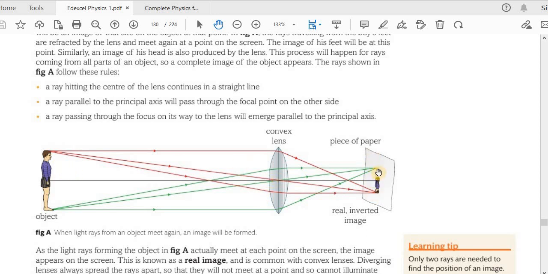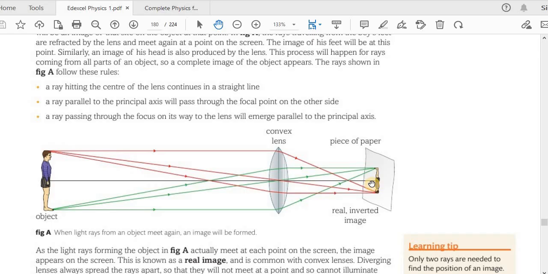You can form a real image of this person, if we call the person an object, then this image is a real image. It's not a virtual image, because if it's a real image, you can project it onto a screen or a surface. You can project it onto the surface, not into the surface, on the surface.